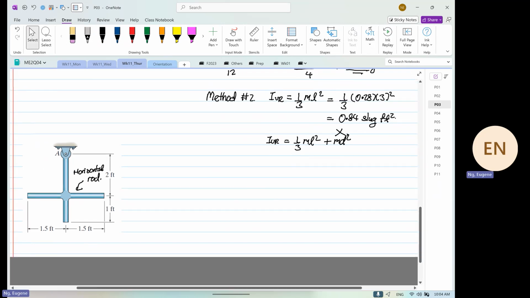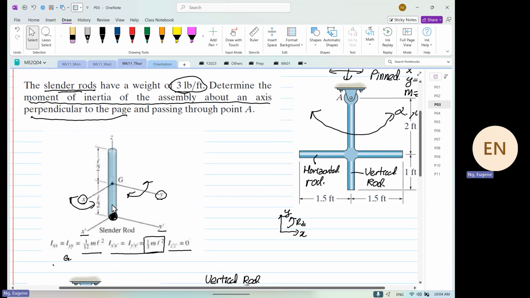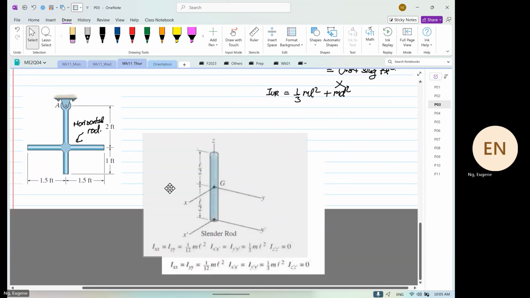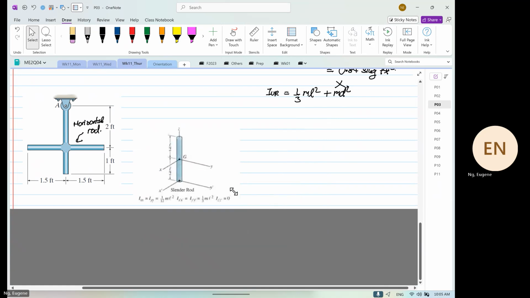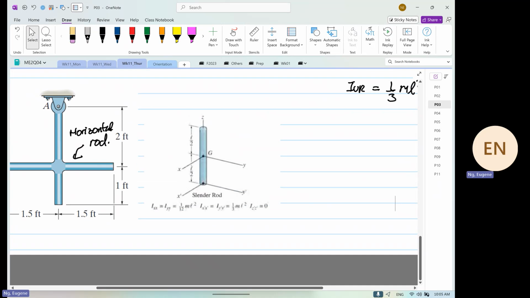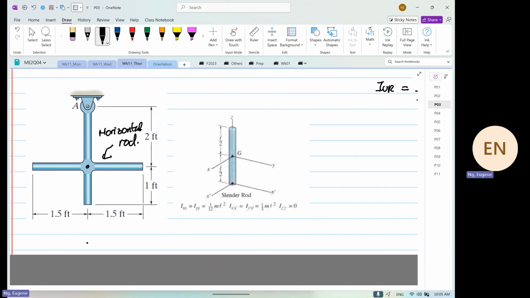Okay, and I'll bring the diagram down so you'll not be so confused. So on the horizontal rod, we know this is the G for the horizontal rod.